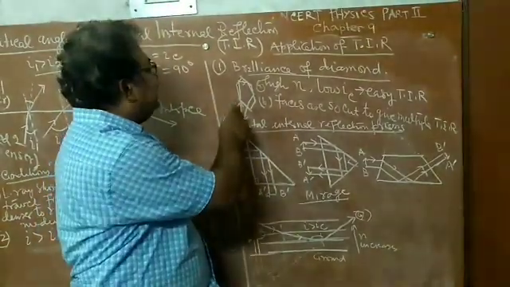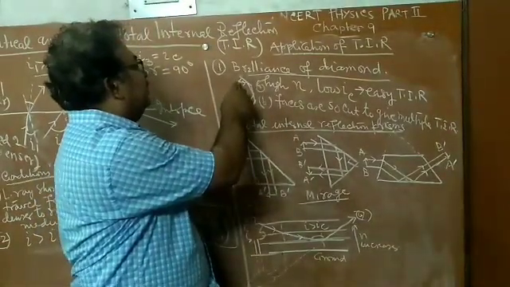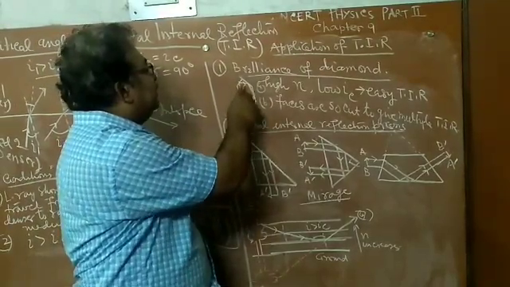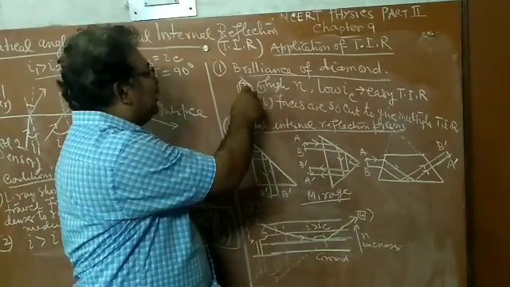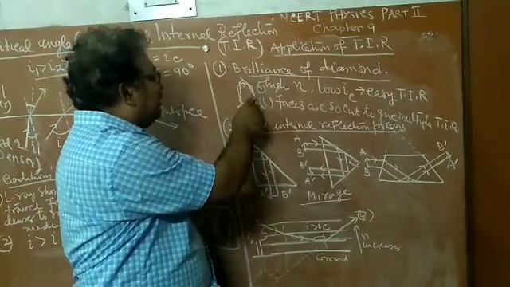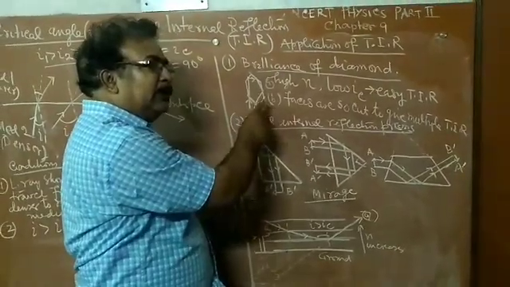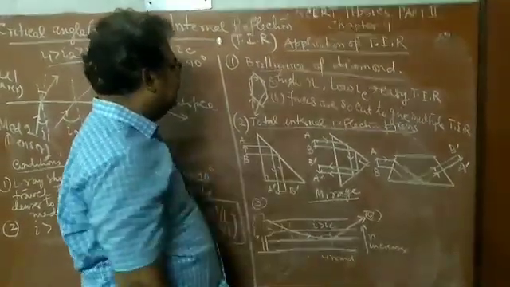So once a ray enters inside the diamond, it is multiply totally internally reflected and it will come out from a single face or a maximum of two faces. Therefore, its intensity is very large.